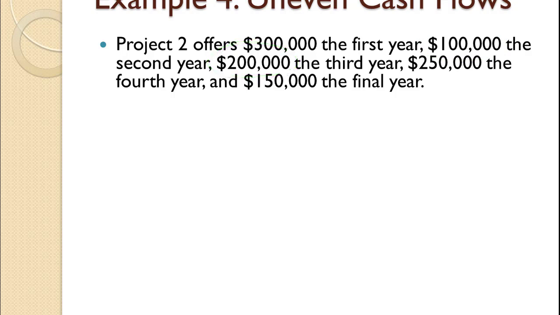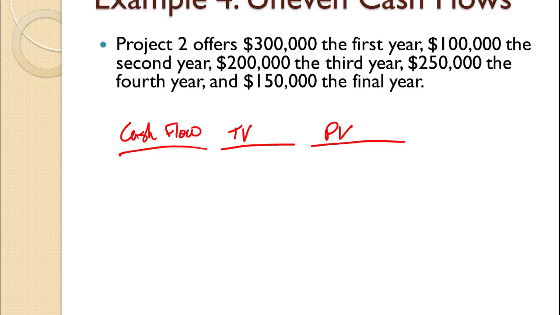So now I can't do a nice annuity calculation. I have to break it down. And I'm going to get a little table put together here so that I can do this. So let's see, we've got years 1, 2, 3, 4, and 5.